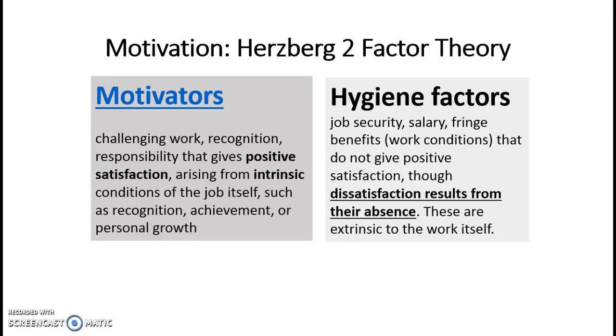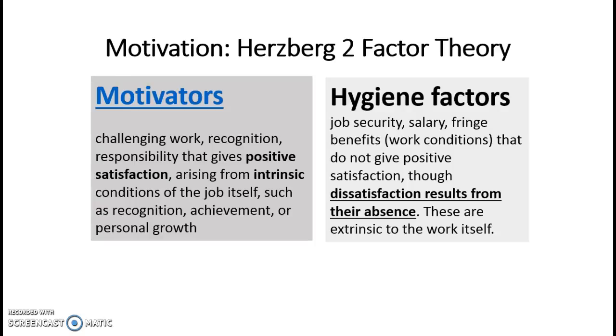Okay, now on the opposite side, there were some things that he said were hygiene factors. Now his idea was that these didn't necessarily motivate, but they were expected. They had to be there for a worker to turn up to work in the first place. So things such as job security, a certain amount of salary, fringe benefits. The fringe benefits might be a certain free tea and coffee, free, I don't know, fuel allowance, things like that.